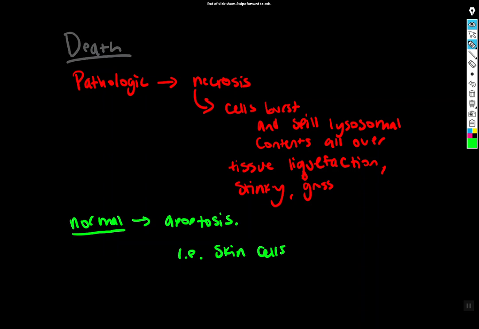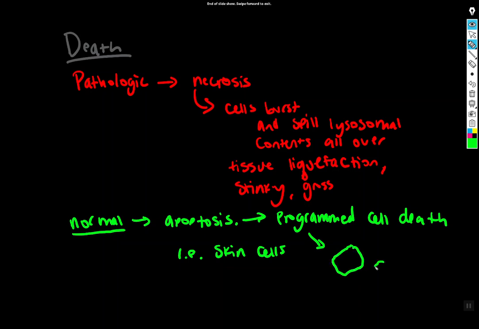The difference between apoptosis and necrosis is that these cells are programmed to die, and they die in a compartmented way. So they don't burst. Instead, they end up being little cell fragments. And the lysosomes in each of these are going to combine with the organelles and produce a homogeneous slurry of cell parts.